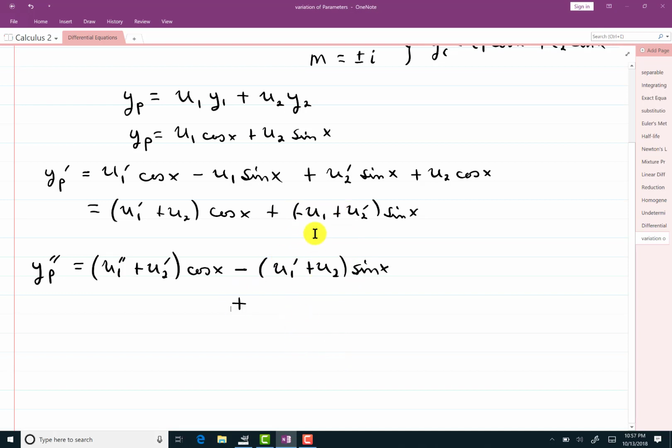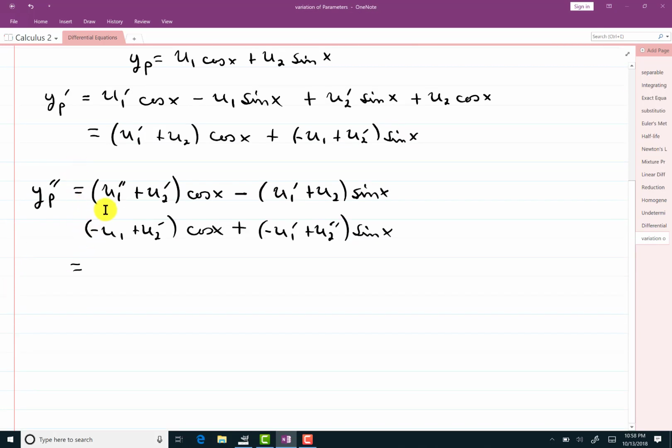Then I'll take the derivative of this, negative u1 prime plus u2 double prime times sine of x, and then I'll have cosine of x, but I'll leave this stuff alone. And let's gather everything up then. So it looks like I am going to have u1 double prime plus 2u2 prime minus u1, all that's attached to cosine of x.